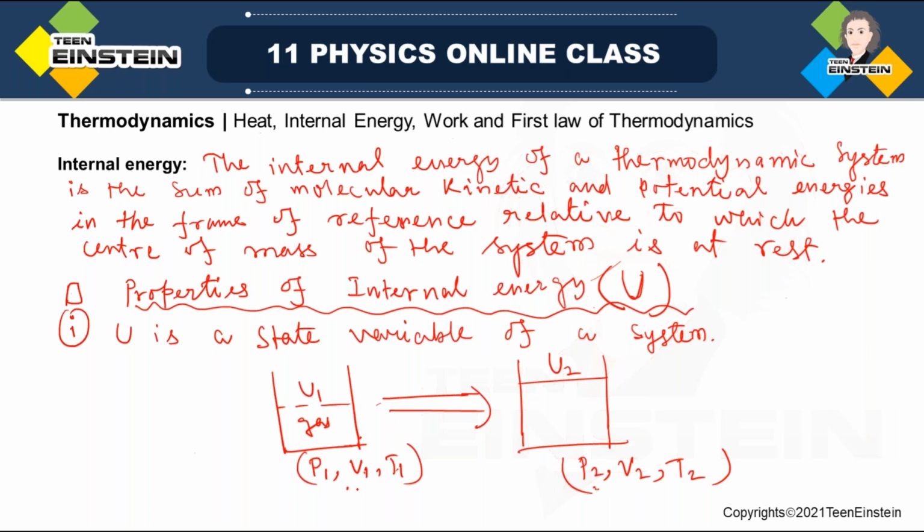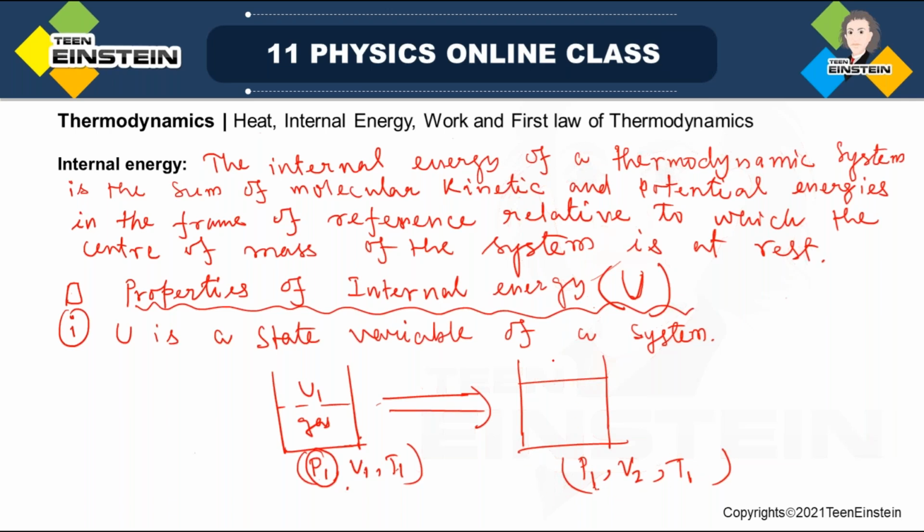We have to change the pressure, temperature, and volume, all three. If I keep the pressure constant, through some intermediate states, I can change the volume, and let us do it isothermally, so the temperature also remains the same.